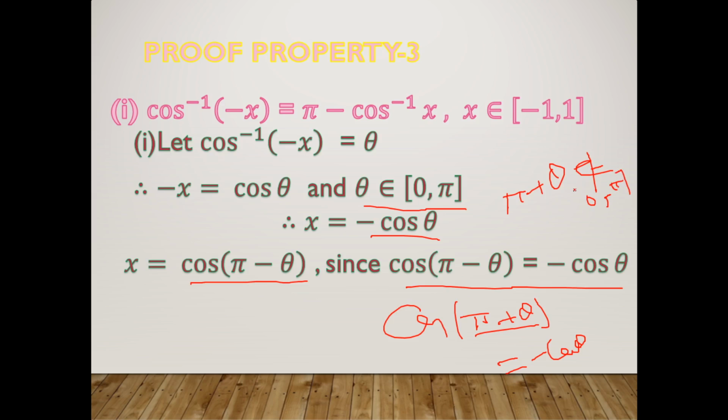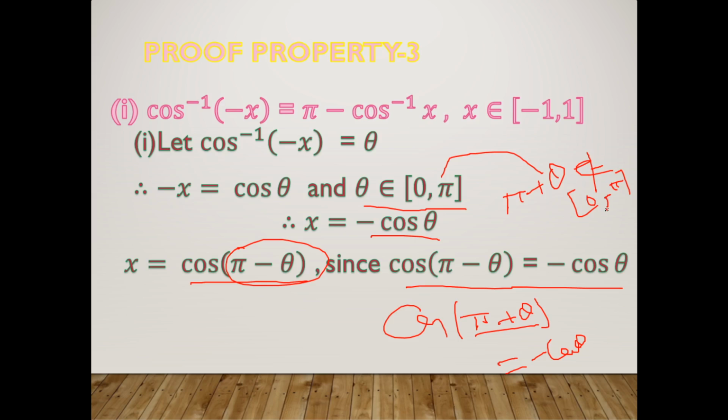For all such values of theta, pi plus theta does not belong to 0 to pi, because if we have to take the inverse of cos here, then this angle must lie in the interval from 0 to pi.